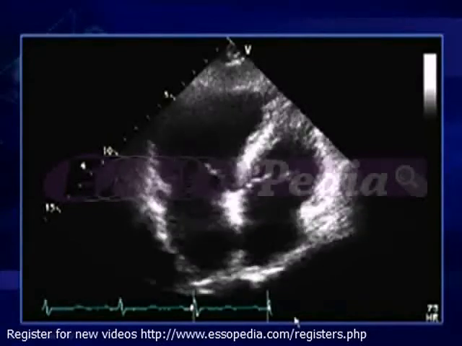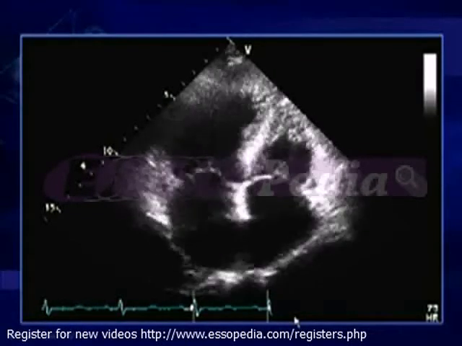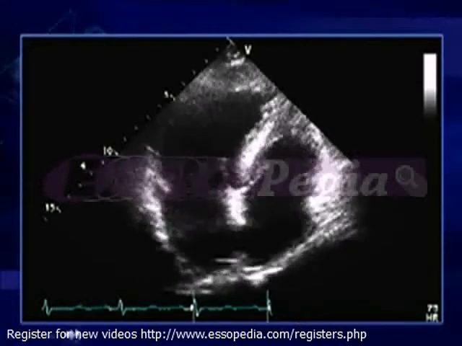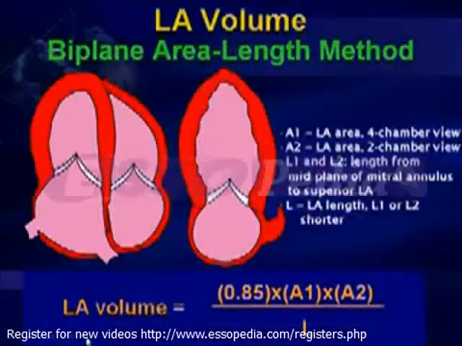For reasons, however, that I will allude to in a moment, I believe that it is important to go beyond a simple qualitative measure of left atrial size.